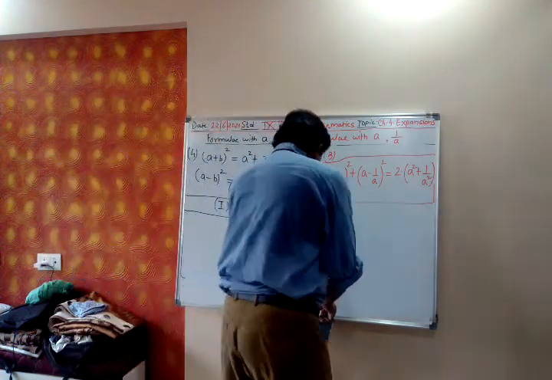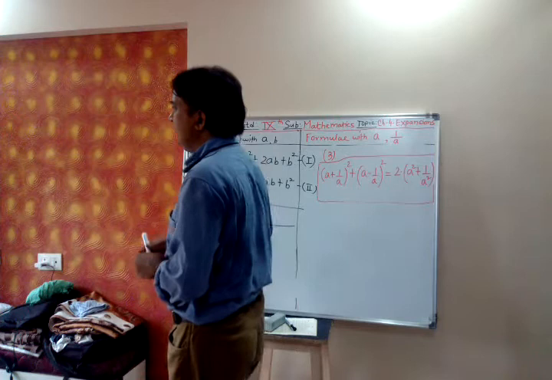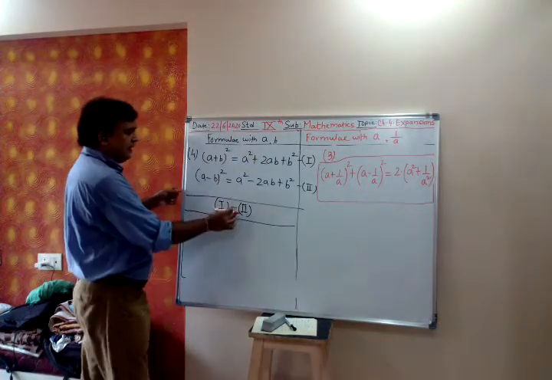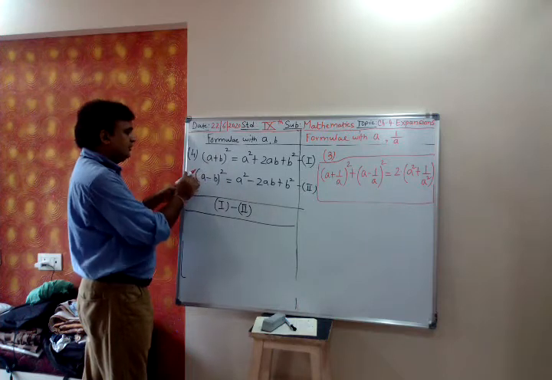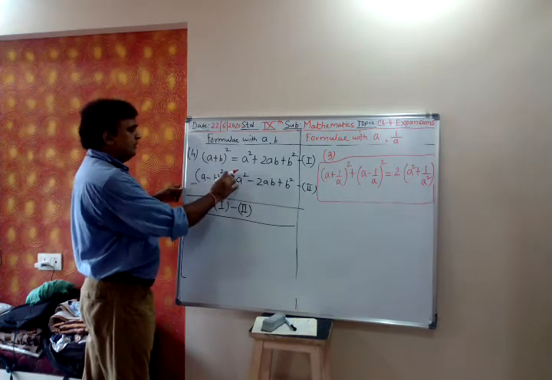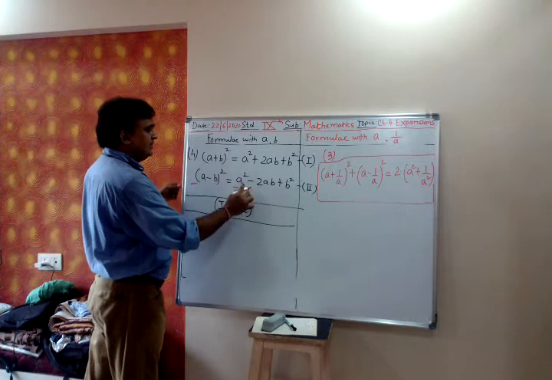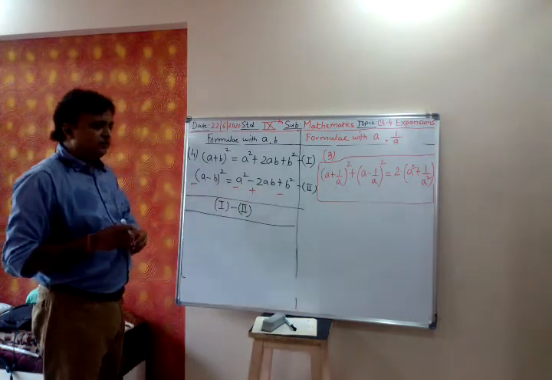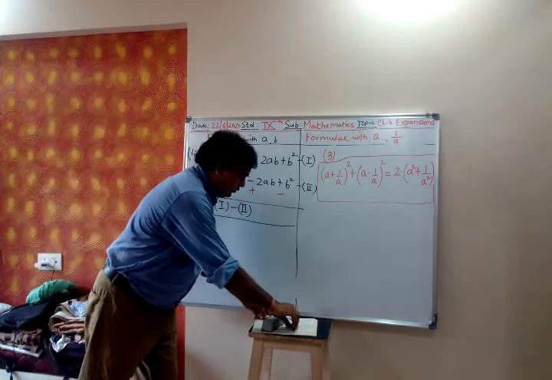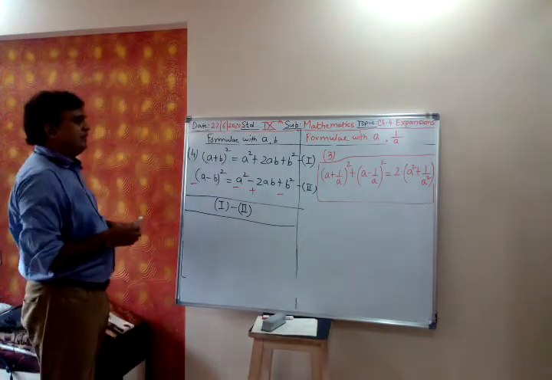And 7th, 8th standard we have learned, when we subtract the equation, the sign of the second equation changes. So plus becomes minus, plus becomes minus, minus becomes plus, plus becomes minus. Is it clear? When we subtract the equation, sign changes.